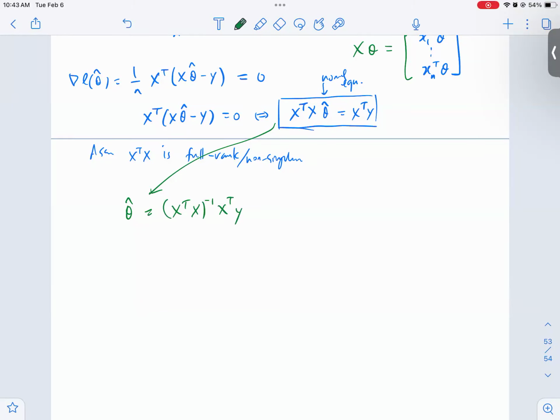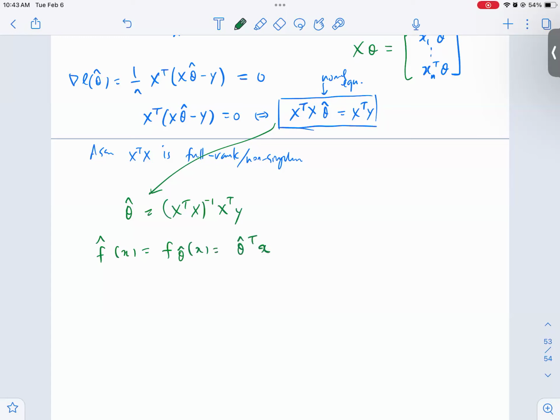Does that look familiar? Hopefully it looks familiar to people. You have seen this in 100C, where you spend an entire quarter looking at this formula. And so that's our estimate, theta hat. So what is the estimate of the regression function? That f hat is really f hat of x, which is just theta hat transpose times x.